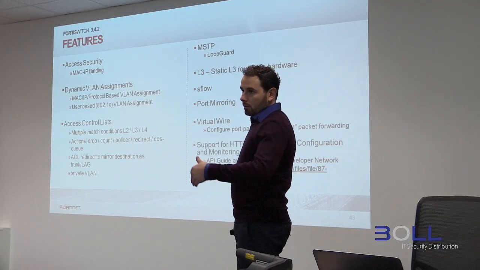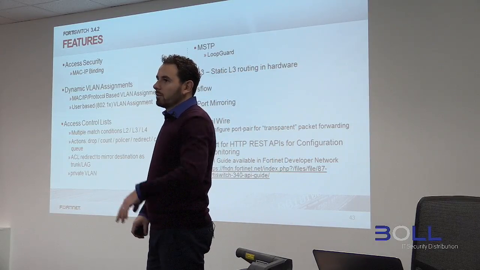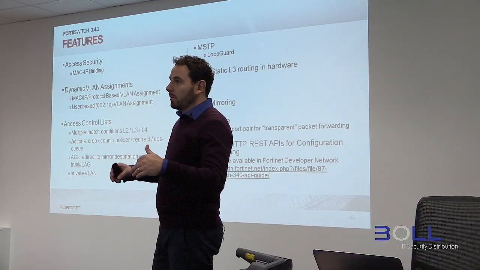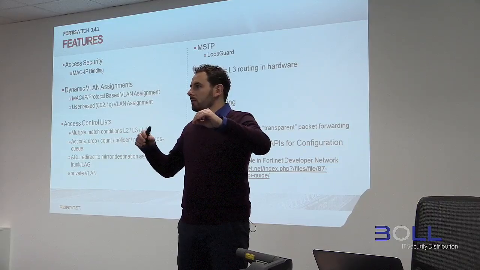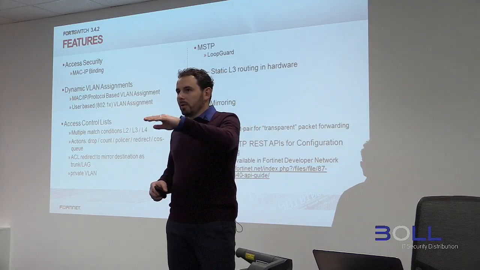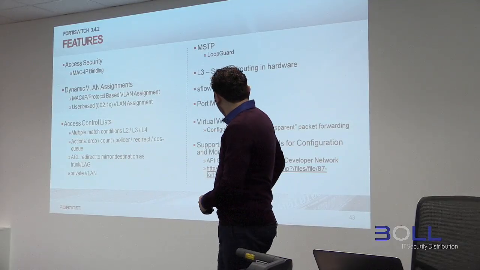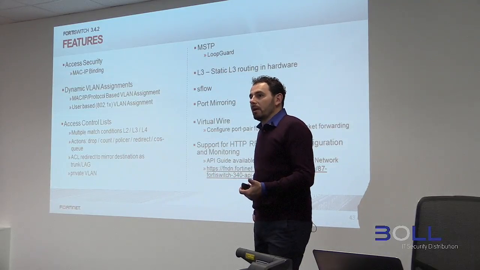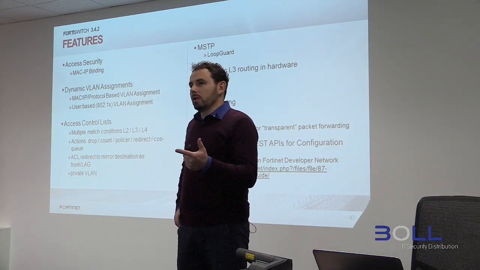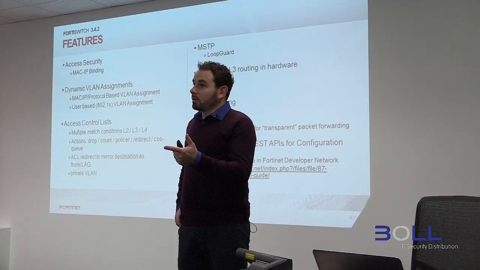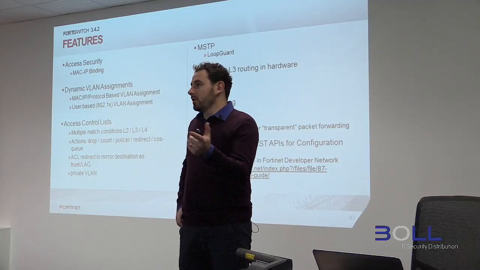Virtual wire allows a pass-through connection in the switch, so it will not do any switching, but just acts like a link level connection, if you want to let the switch interconnect to other devices. And the REST API for management. The REST API is similar to the JSON API used on the FortiGate or FortiADC.